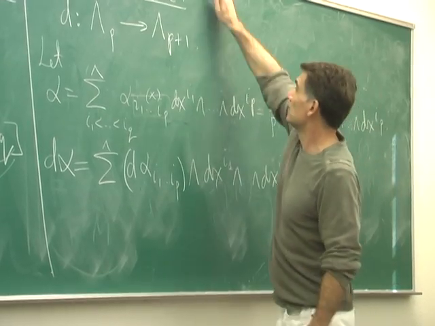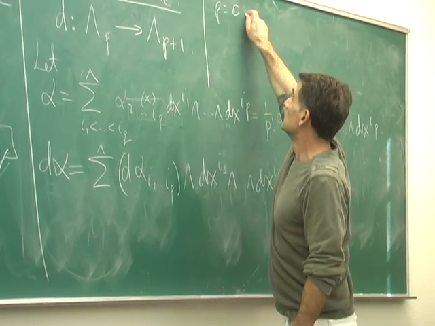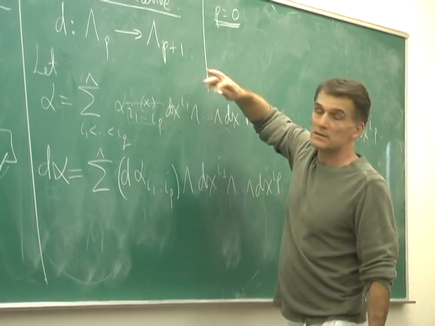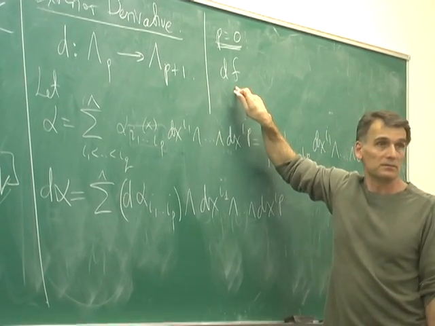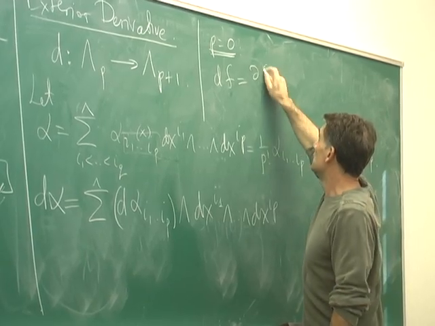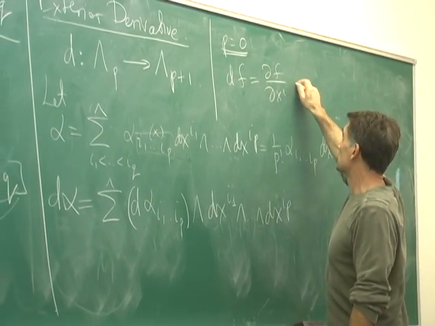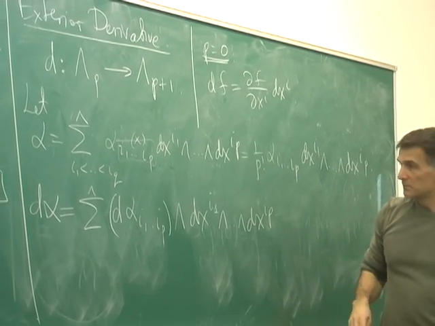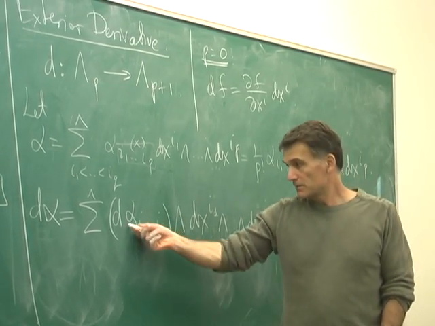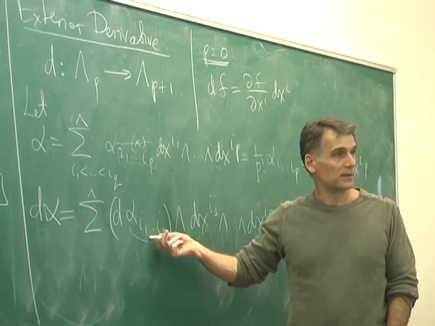Well, if p is 0, then this is a function, right? f is a function. What is the differential of a function? Well, it is df by dx^i dx^i, right? Which means that this is a function, and then you apply the differential to that.